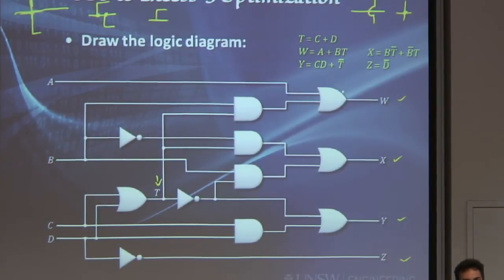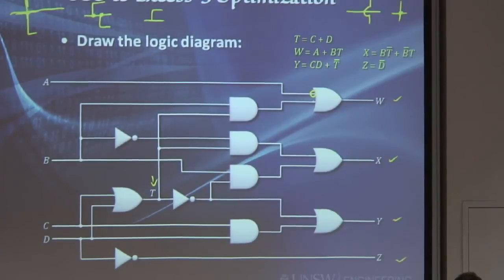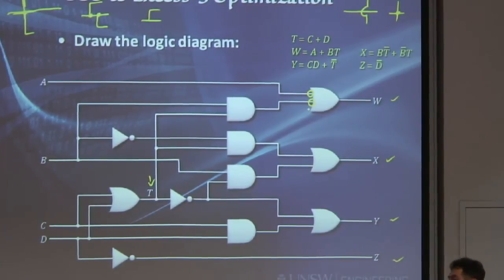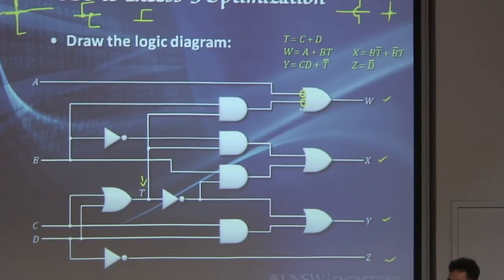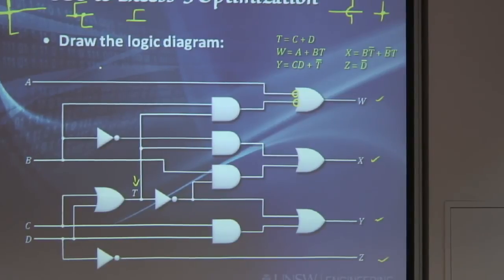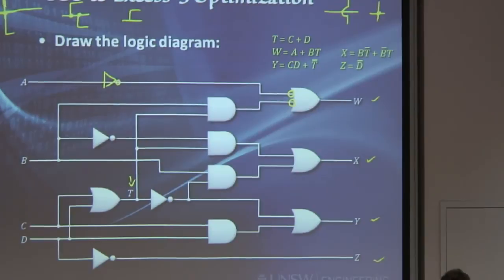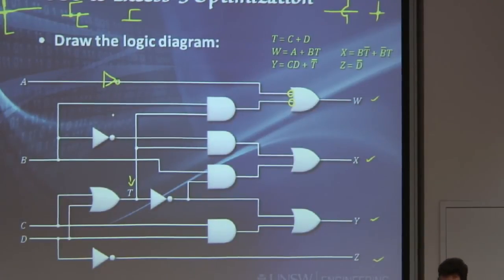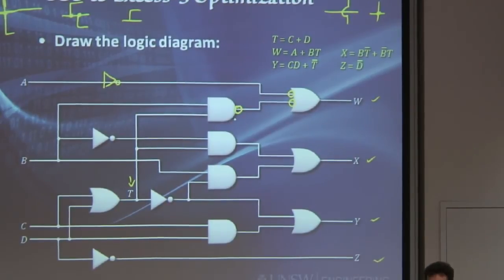But in order to make this OR gate an AND gate, I do need to introduce bubbles at the entrance to the inputs, and I do need to counter them on the other side. Now, because I put a bubble here and there's nothing actually on the other side except the actual signal, I will put an inverter there. The bottom bubble can be countered by putting a bubble here, which makes this a NAND gate.